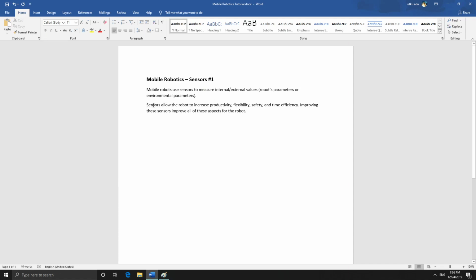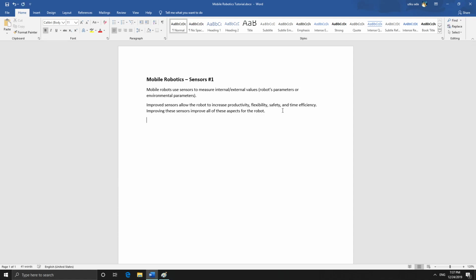Now of course when I say sensors allow the robot to increase all of these aspects, sensors are required, but I mean to say improved sensors. So a better way to say that would be to say improved sensors allow the robot to improve all of these values.